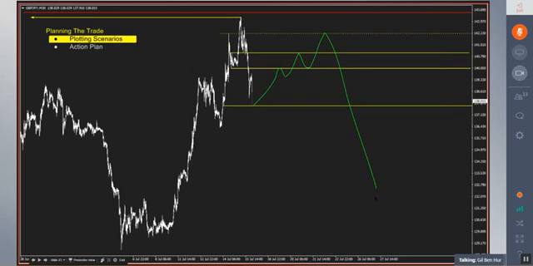Okay, so that would be one scenario, and we should think, what do we want to do here? This is what will tell us that things are going wonderfully for our trade.